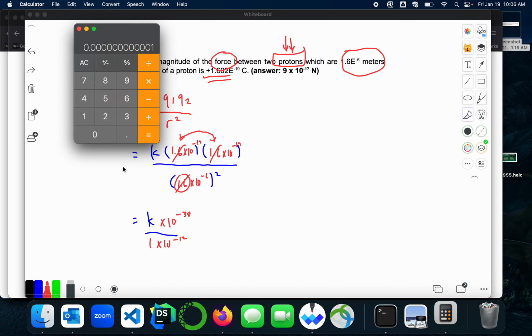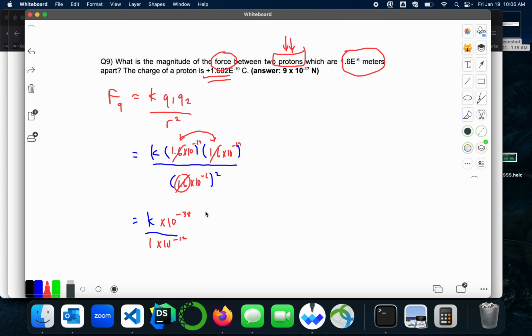You see that? Okay, well, I don't want to do that there. It's hard to read it there, but you saw what it was. Okay, so that's 1 times 10 to the negative 12. We did that on the first day. We practiced with scientific notation a little bit, but you may need that some more. Now, this is the same thing as K times 10 to the minus 38 times 10 to the positive 12, right?